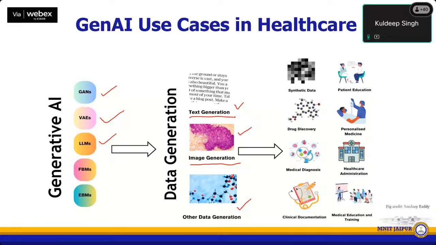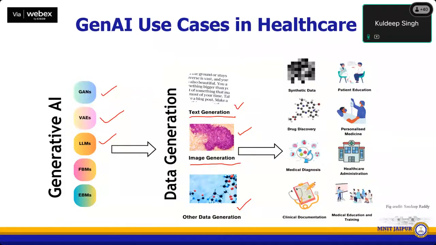So given an image, the summary or the diagnosis report based on the image can be generated with the help of these models. Generation of images: we can give a prompt like generate an x-ray image with abnormalities such as TB. That could be helpful for training or research purposes.